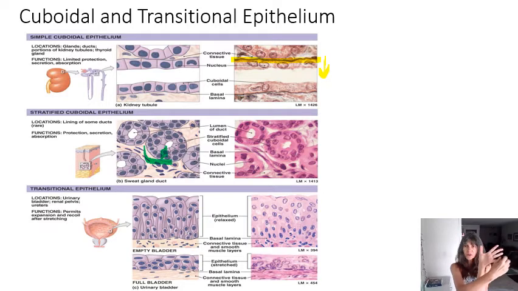When urine is produced by the kidneys, it collects in this area that kind of looks like a staghorn, okay? And so this collecting area is called the renal pelvis, and that also is lined with transitional epithelium. The ureters are the tubes that carry the urine from the kidneys to the urinary bladder, and they are also lined with transitional epithelium.